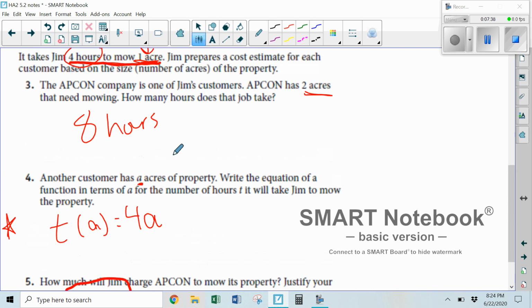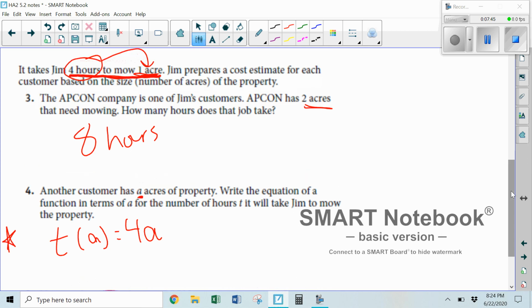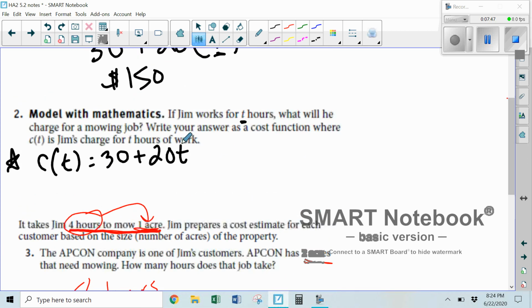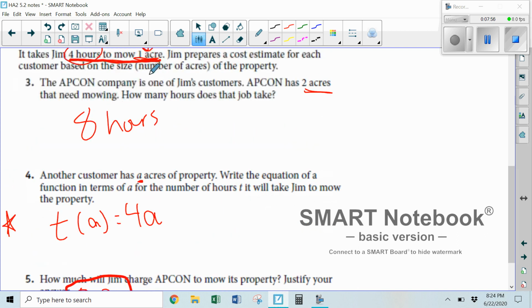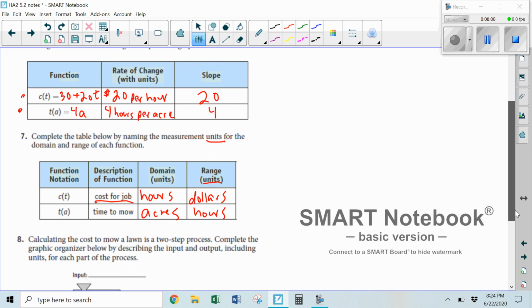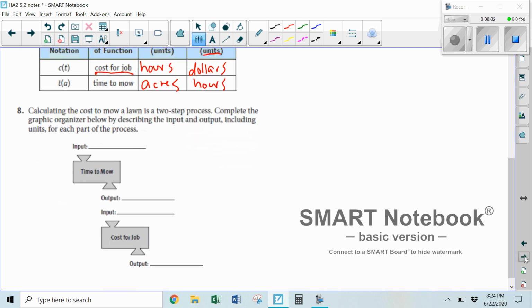So our first step was to figure out, okay, based on his acres, how many hours will that take? After we figure out the hours, we say, okay, well, if it takes 8 hours, I can put in 8 hours for my time and get my total cost. The first thing I need is the acres. Let's go to our graphic organizer for number 8. The first thing I input is acres.